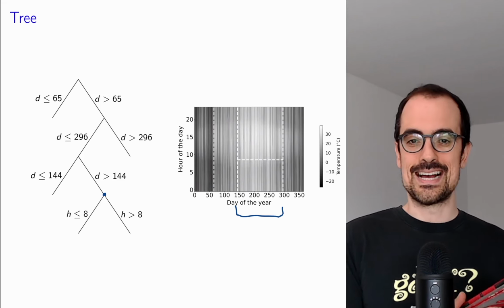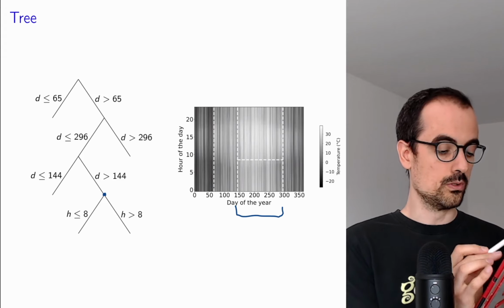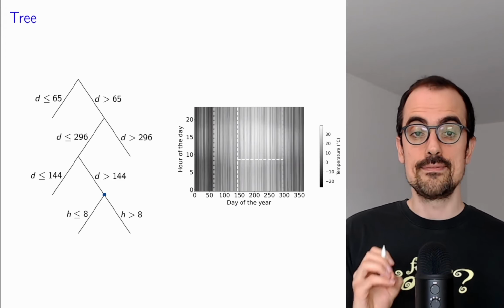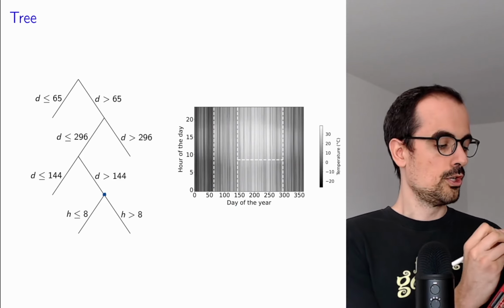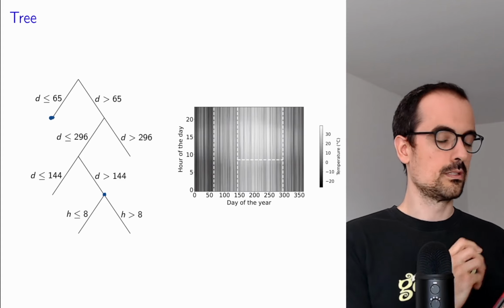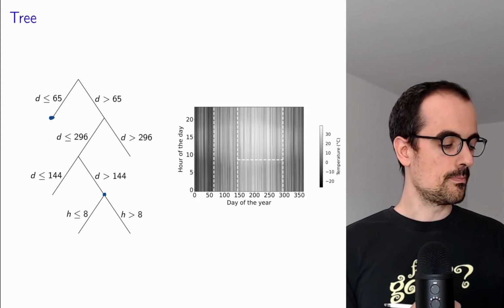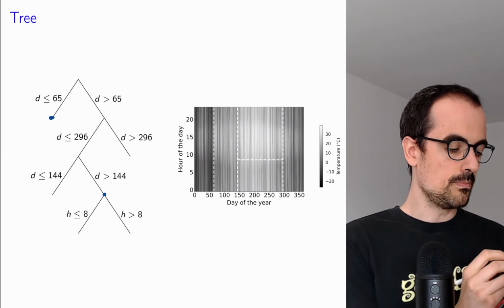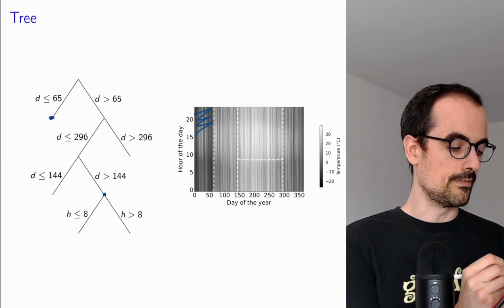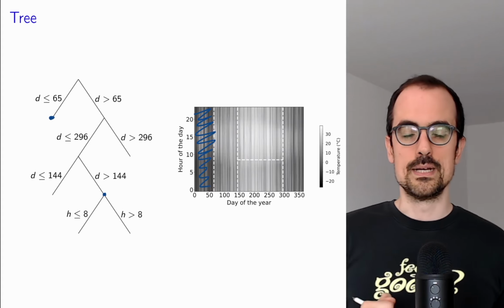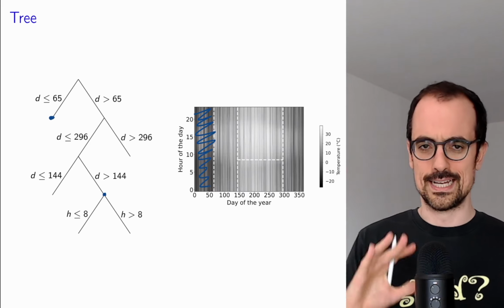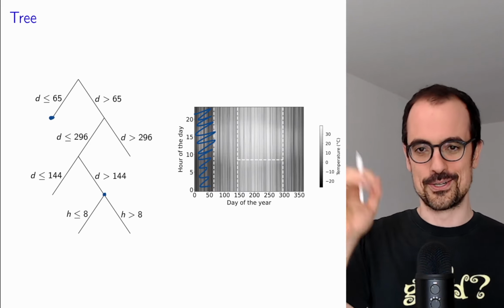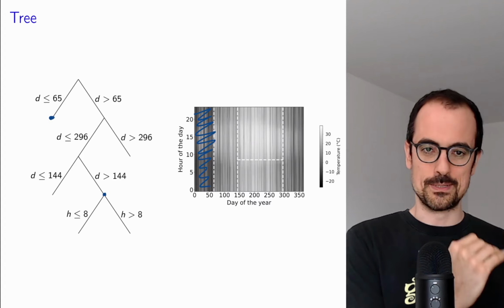So maybe as a summary of this, let me show you that the leaves of the tree provide a partition of the space. So the first subset of the partition is if the day is smaller than 65, okay? Those are basically the winter days in general, days and nights. As you can see, we're not splitting according to the hour.